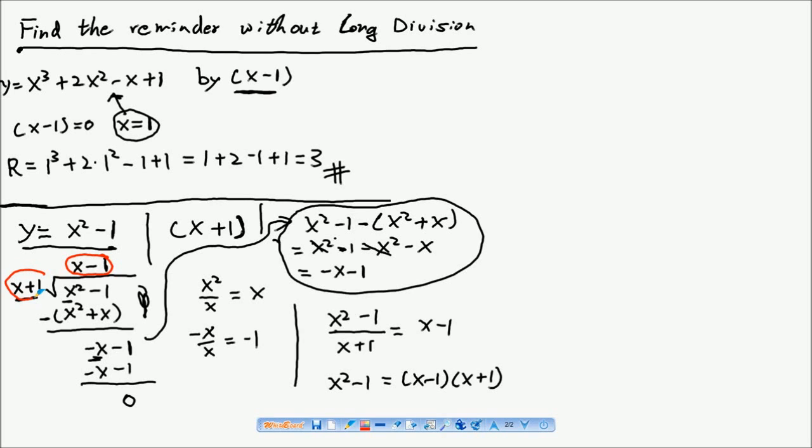We can write the formula in this bracket form. That's why the remainder is very important, because when the remainder is 0, we will find the factors of the polynomial equation.